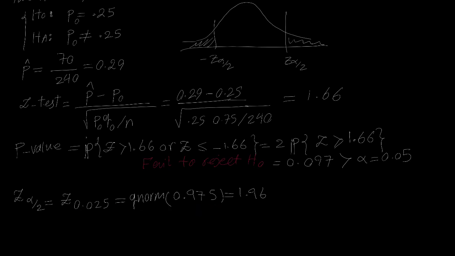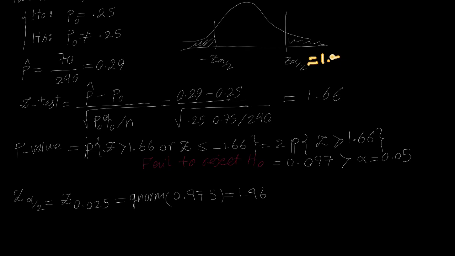I use qnorm of 0.975, which is 1.96. It means that this point is 1.96 and this point here is negative 1.96. Now, where is 1.66 with respect to Z of alpha half and negative Z of alpha half?